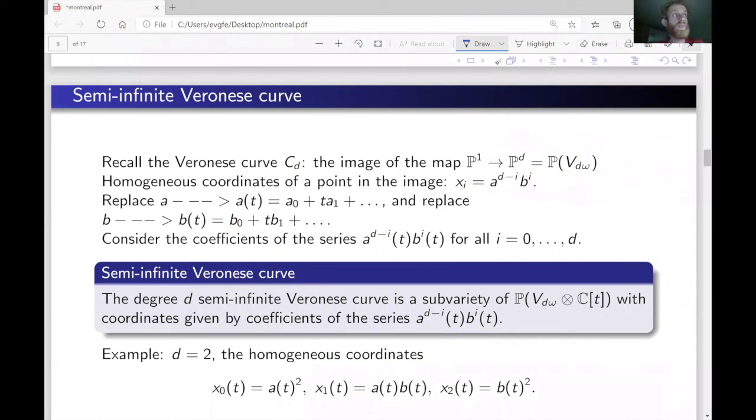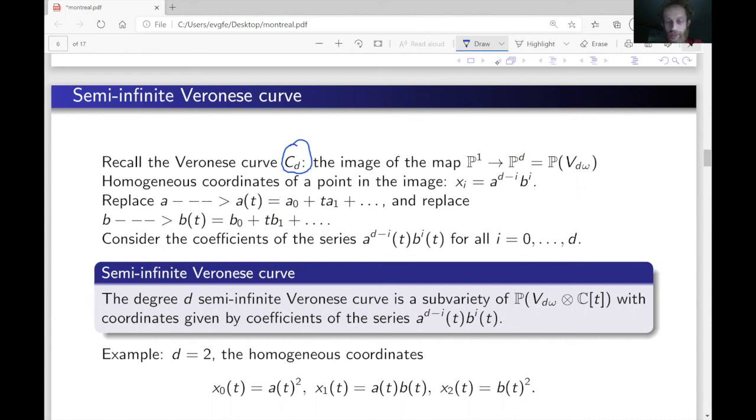We've defined the arc schemes in general and also in some examples, but we started with the geometric object, our Veronese curve CD. And now let's try to work with this geometric object instead of working with the ideal defining it.